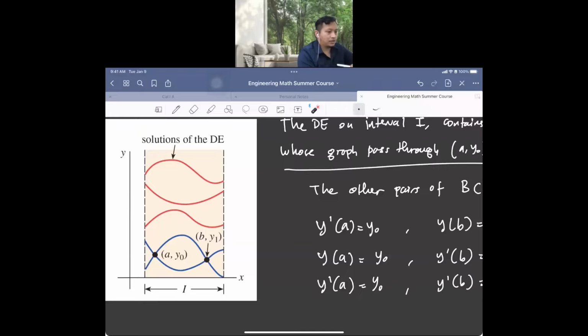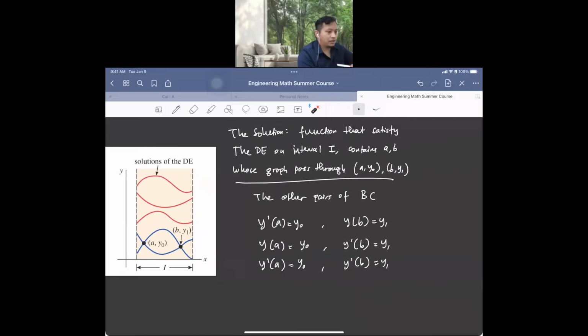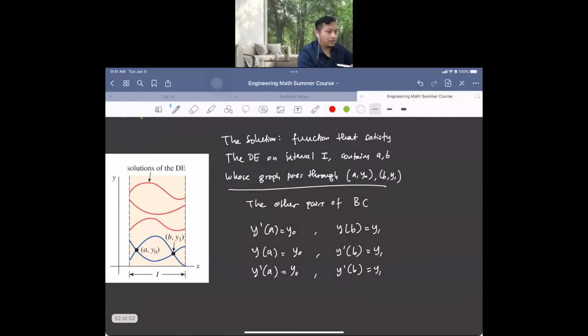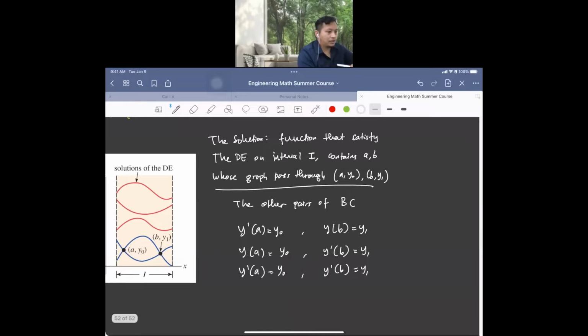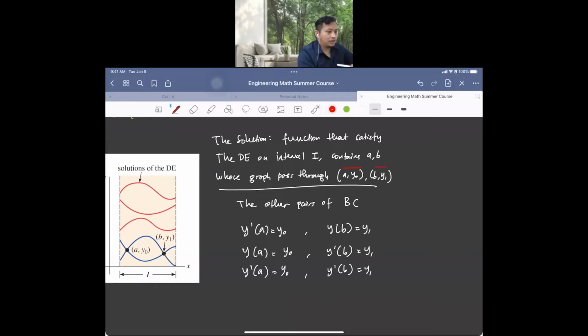So we probably have a curve that goes around here, or goes around here. That's still possible, that can be a solution. So the solution will be the function that satisfies the differential equation, and contains the point a, b, and the graph will pass through these points.